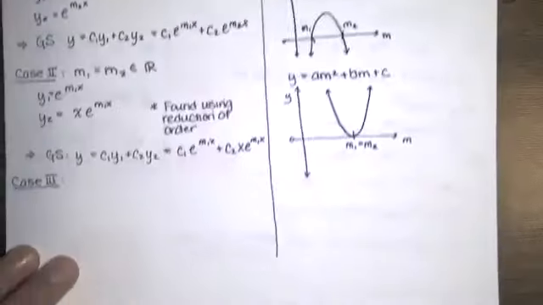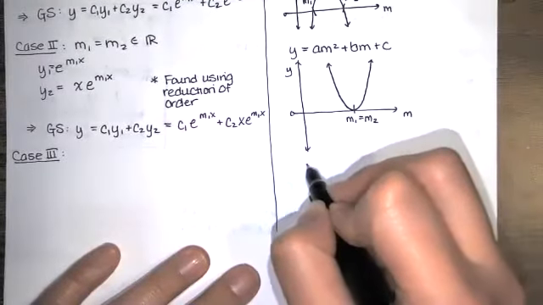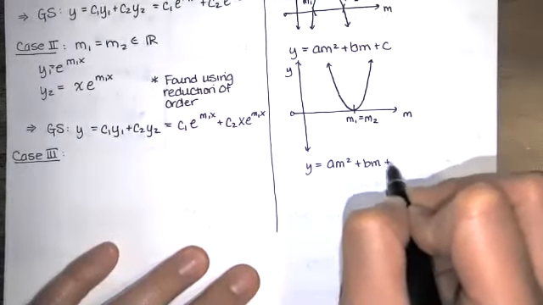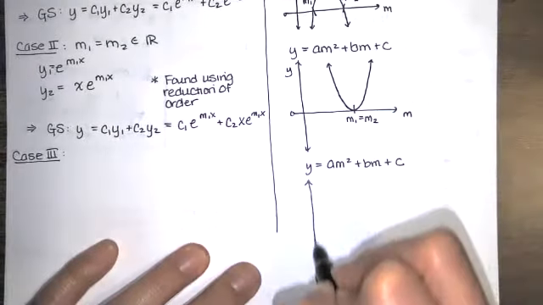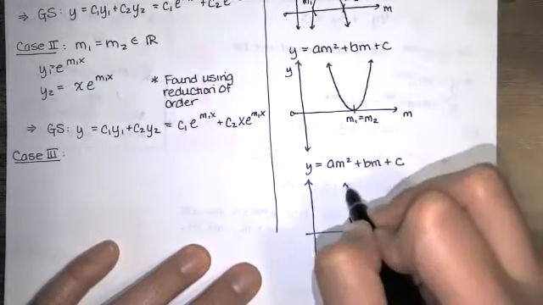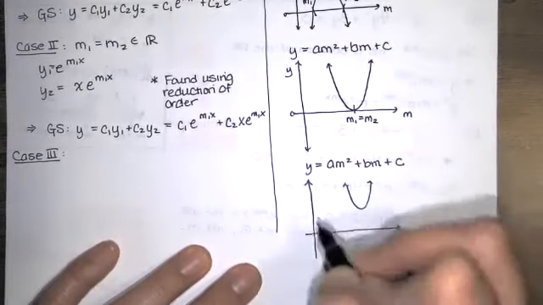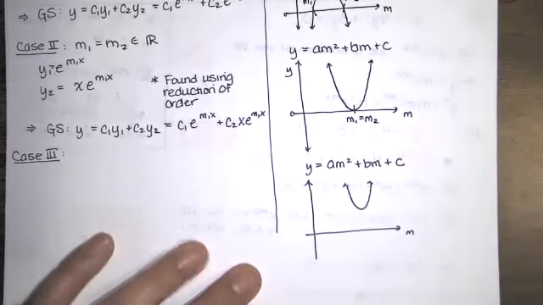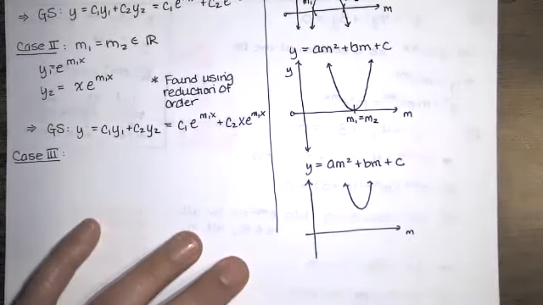The third case is that the parabola never crosses that m-axis. So you've got am squared plus bm plus c, and maybe your parabola is up here the whole time. And so am squared plus bm plus c is never equal to 0 in this case. It never crosses the m-axis.